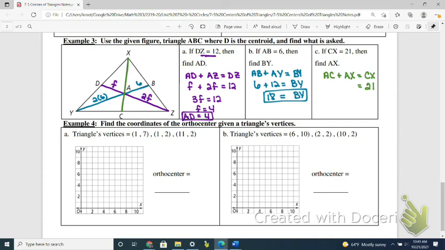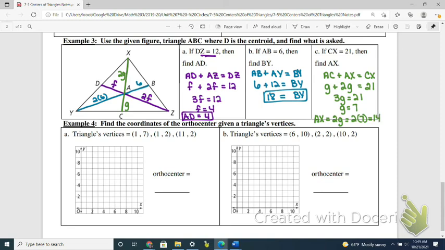I'm going to call the smaller part G. Therefore, this would be 2G. So that is G plus 2G. So I get 3G equals 21. So G equals 7. So if I want AX, that was 2G. So 2 times 7 is 14.